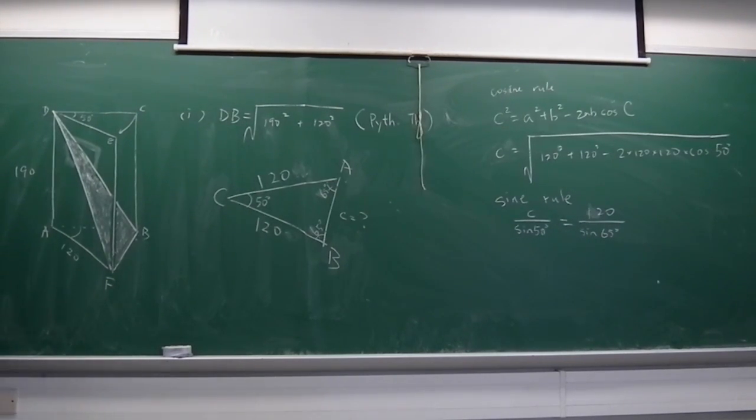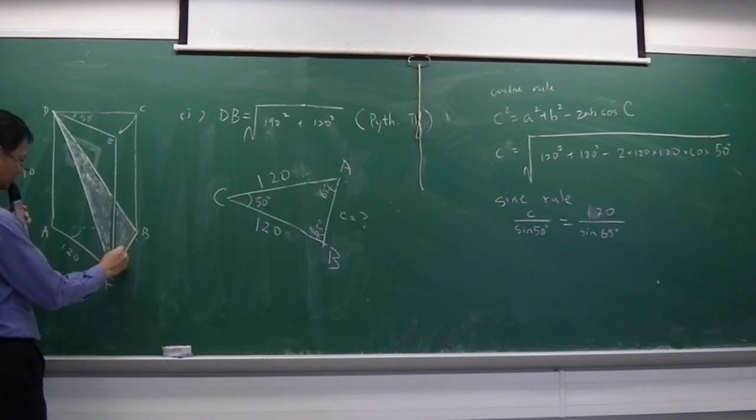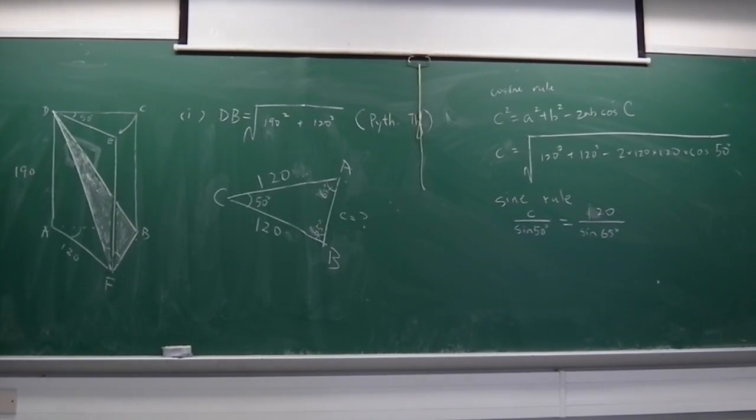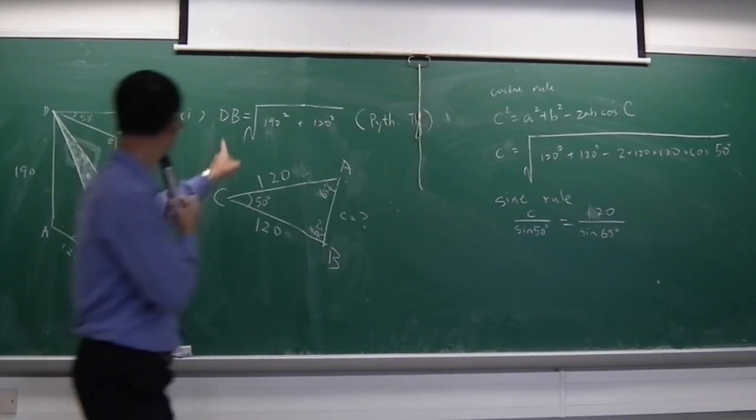But we are going to find this angle, and this part should be much more difficult. But anyway, we have some luck, because actually the length of DF and the length of DB is already known. We already know. Right?